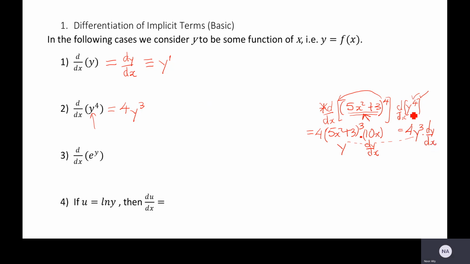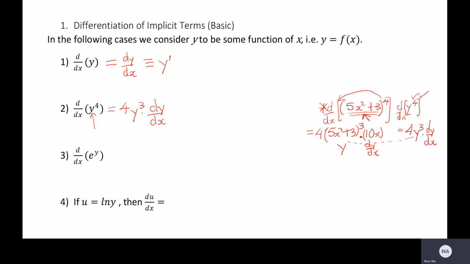The derivative of y is dy dx. Now here I have chosen 5x squared plus 3. That could be any particular function. However, you do not know it. So in this case, number 2, looking on the left, I do not stop there. I follow that through by saying the derivative of y is dy dx.